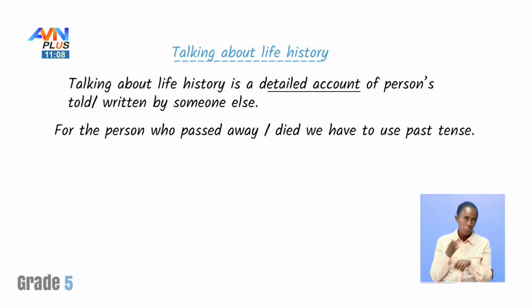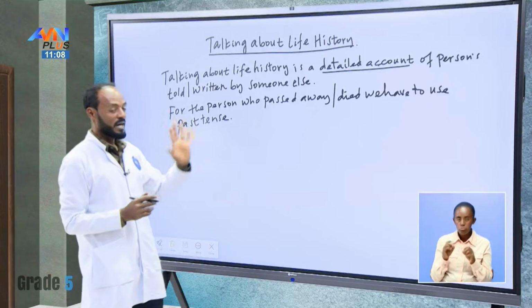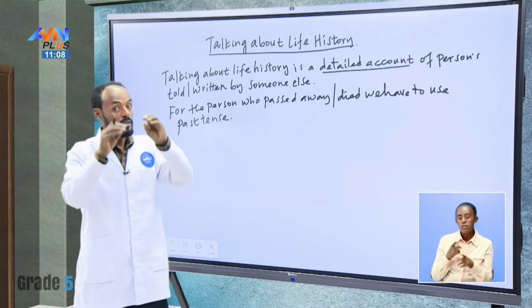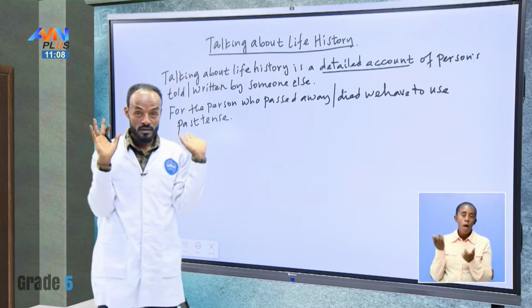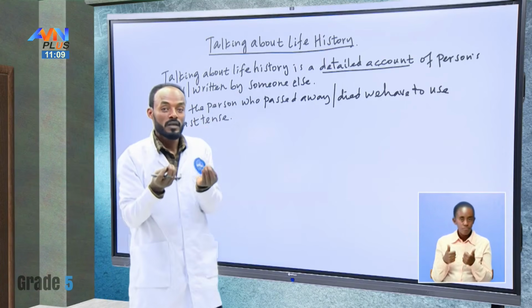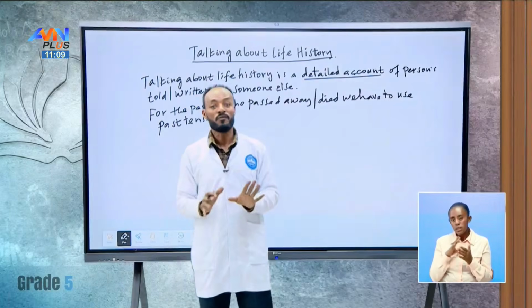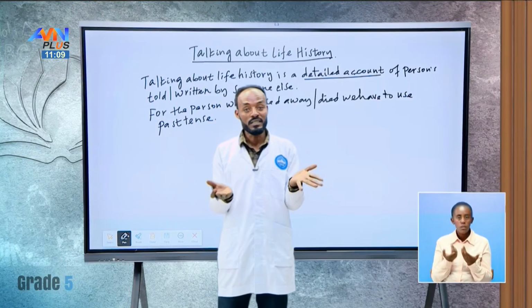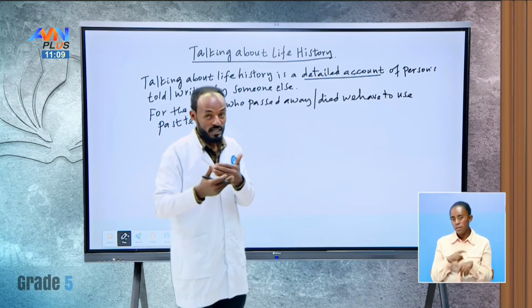Not only past simple, we have to use what? Past tense. Because that already happened in the past. Is it clear? What about the person who is just living at the time of speaking? We have to use what? Present tense. Am I right?